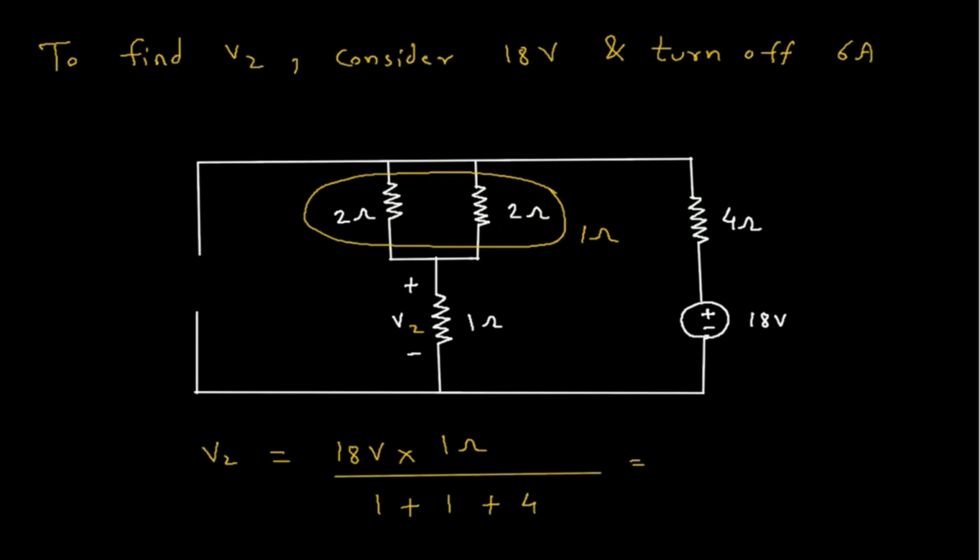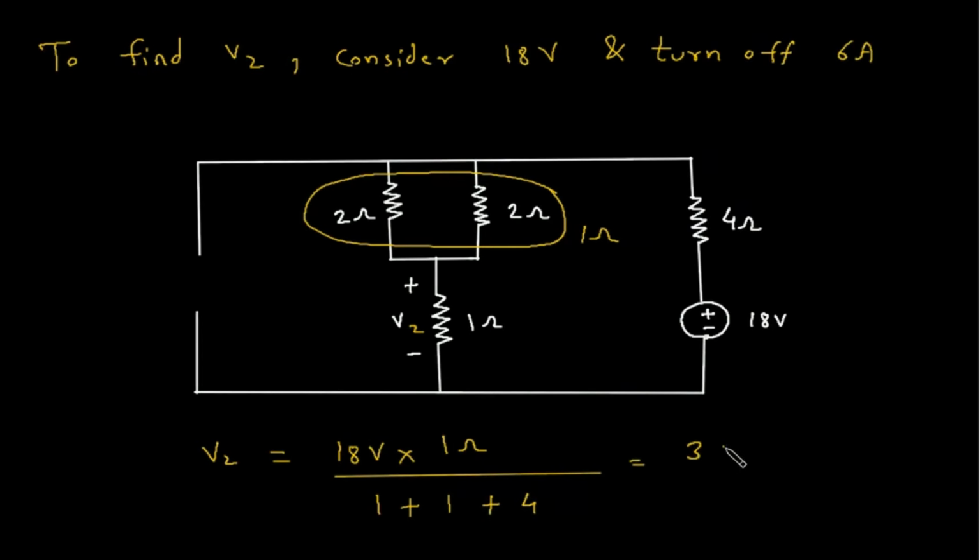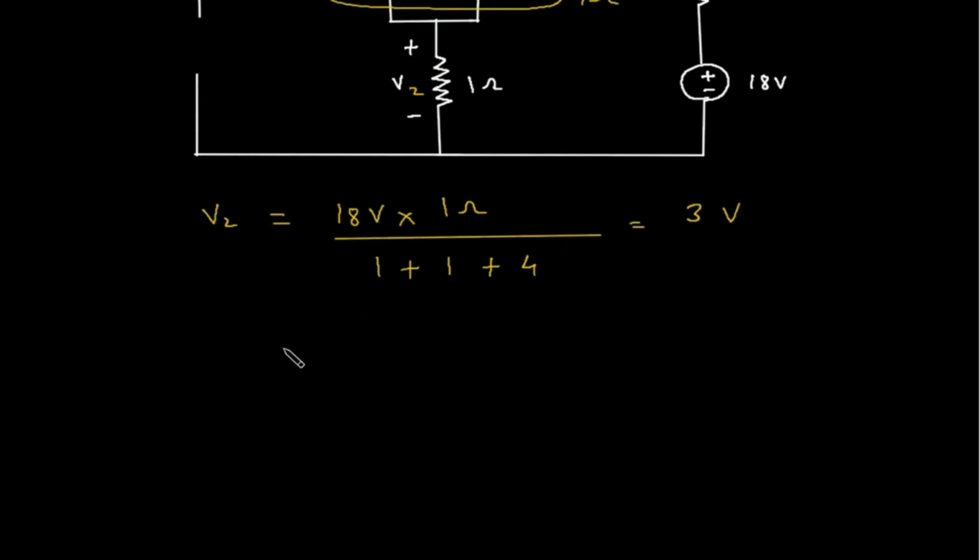So this will be 18 into 1 by 1 plus 1 plus 4. So this is 3 volt. Therefore, V2 is equal to 3 volt.